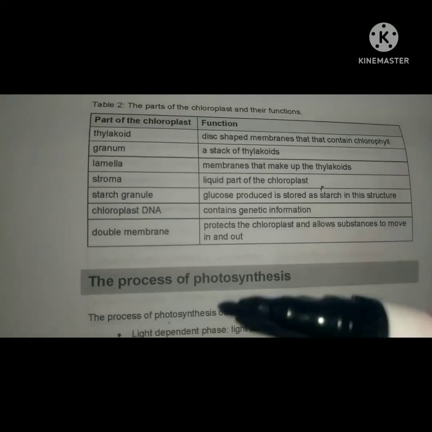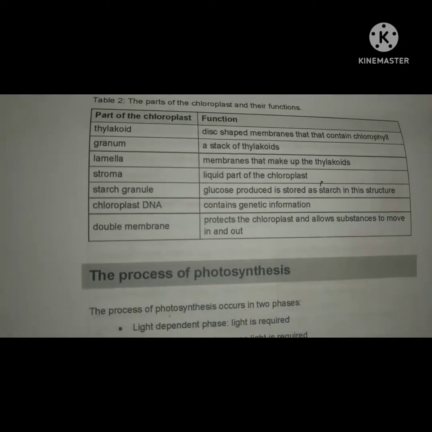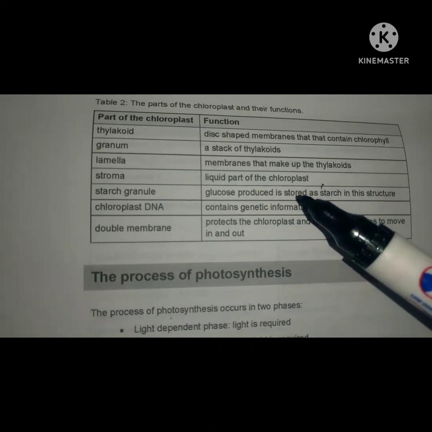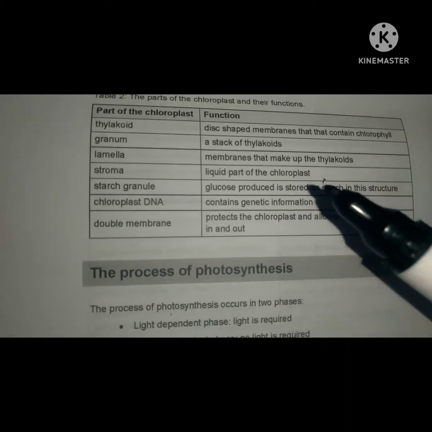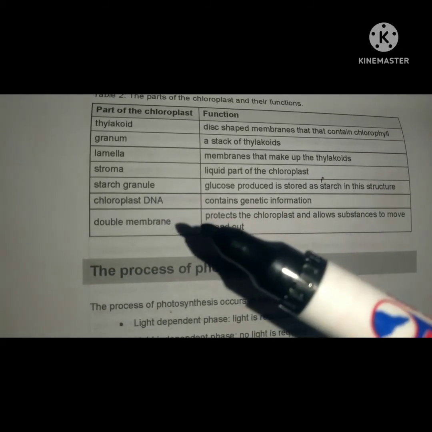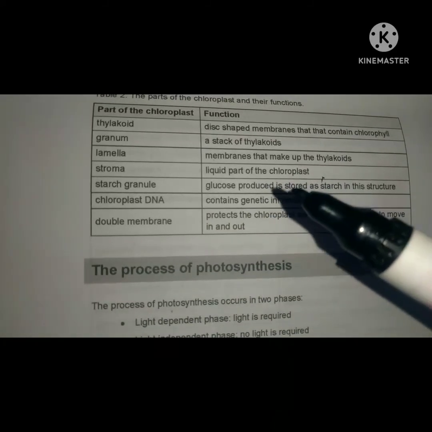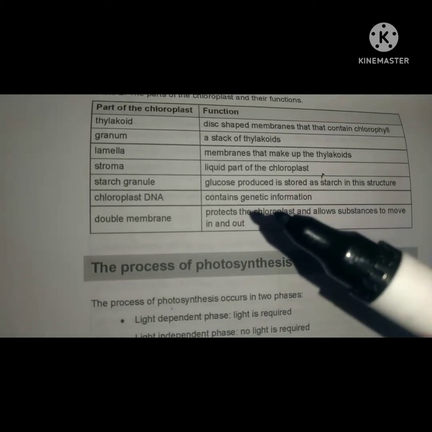And the starch granule is where the glucose produced is stored as starch. So this structure is a site for storage of glucose as starch.